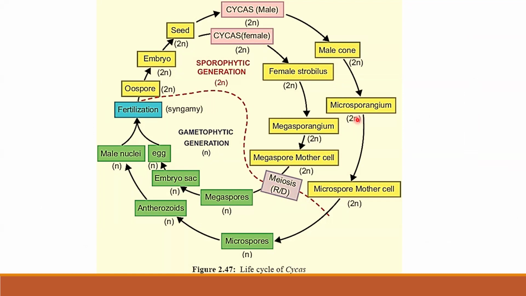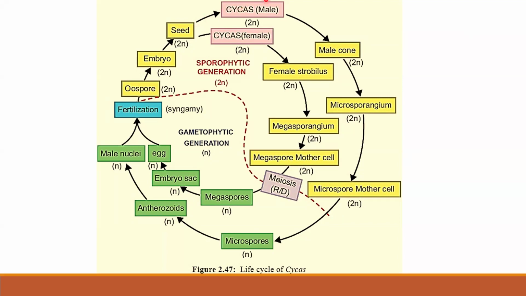Talking about the life cycle of Cycas, starting with the sporophytic generation, we discussed that the oospore or zygote is the mother cell of this sporophytic phase. So, a zygote develops into an embryo, forming a seed, and the seed giving rise to a well-developed plant. As we know, Cycas is a dioecious plant, a gymnosperm.